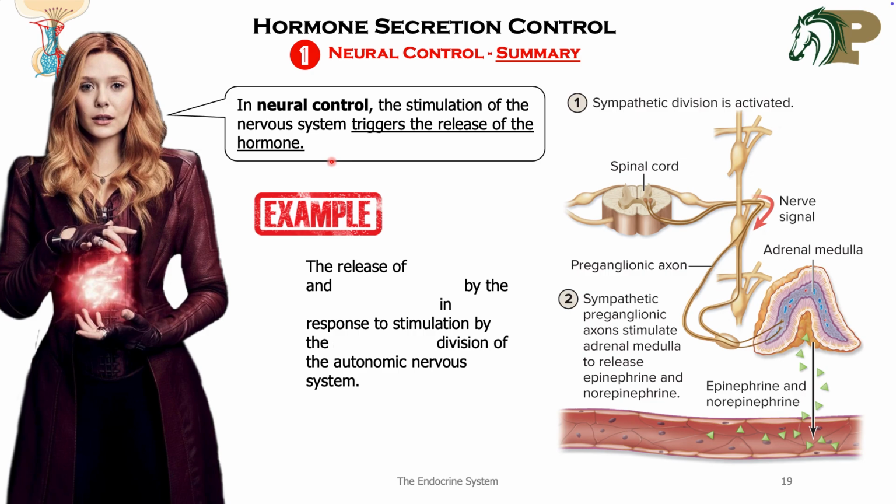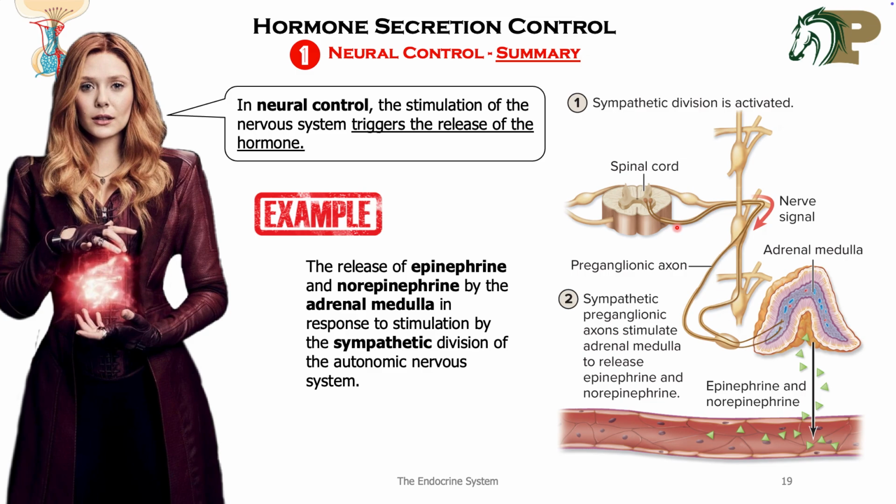An example of this is the release of norepinephrine and epinephrine by the adrenal medulla in response to stimulation by the sympathetic division of the autonomic nervous system. And that is what we see over here.